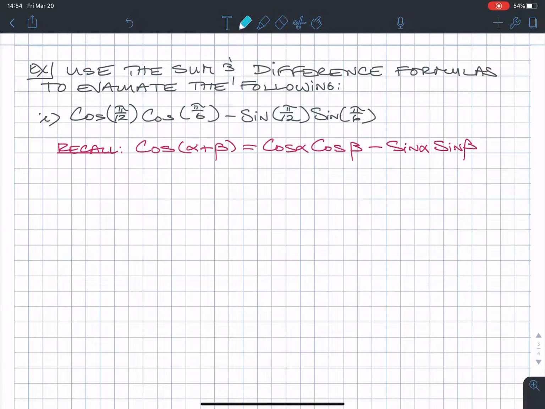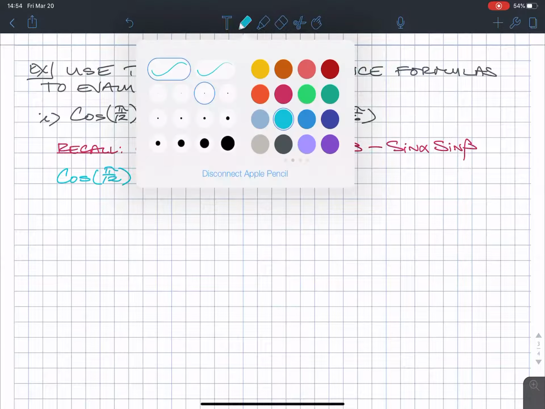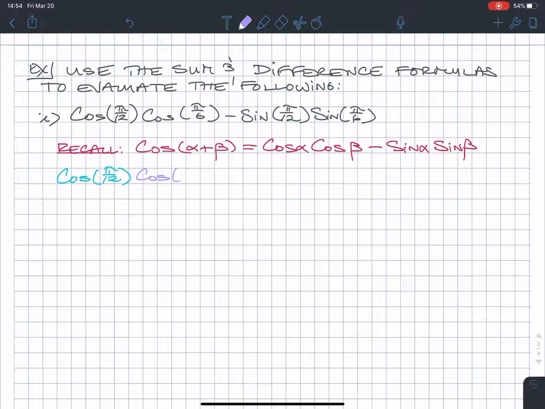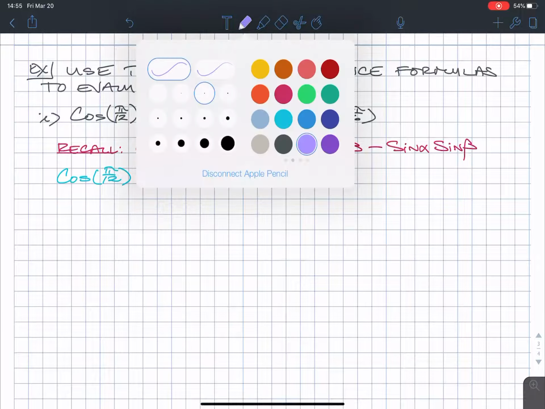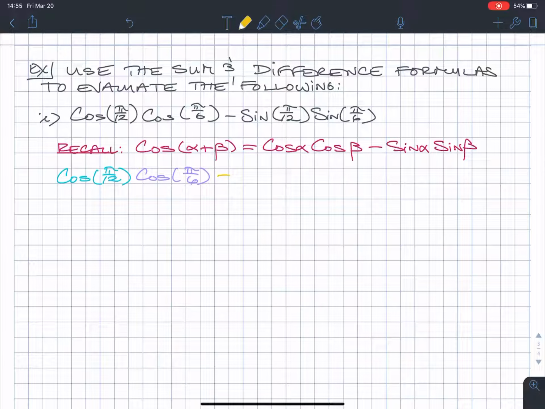Okay, so rewriting what's given, we have cosine of pi over 12, let me color code, times cosine of pi over 6, and then minus, let me do that in red, minus sine of pi over 12 times sine of pi over 6.